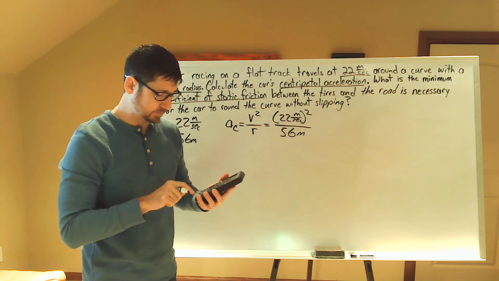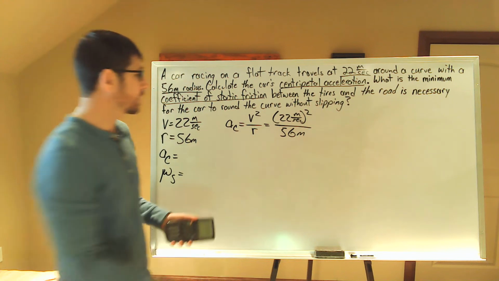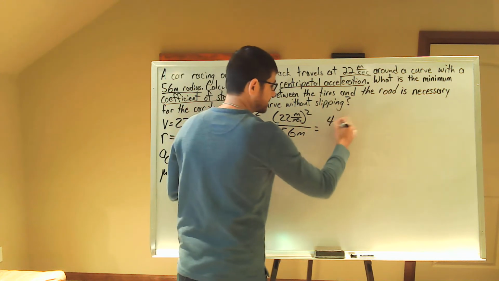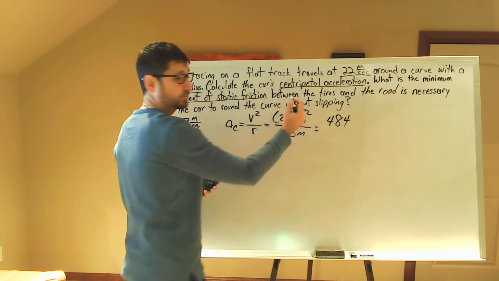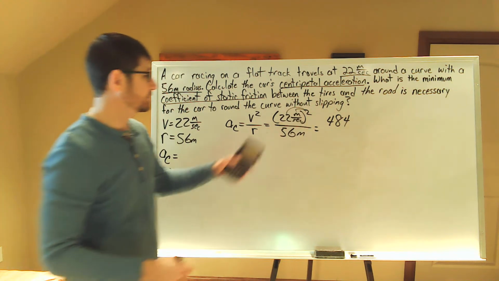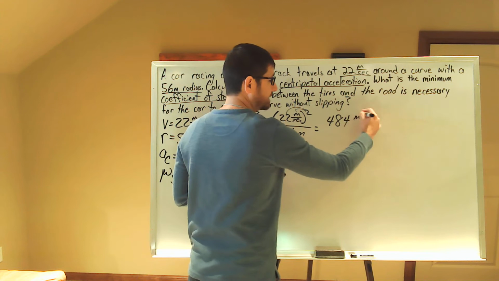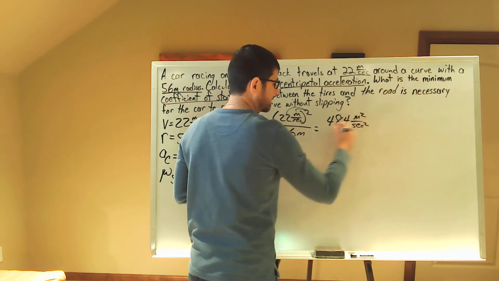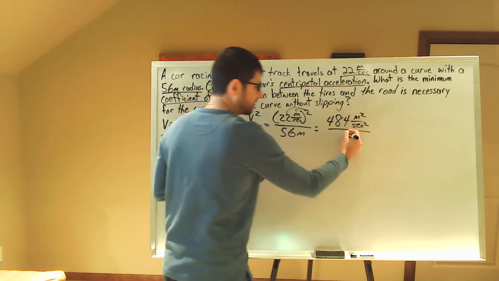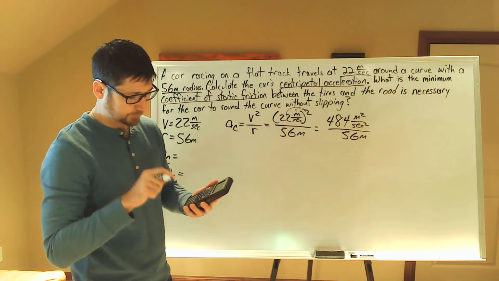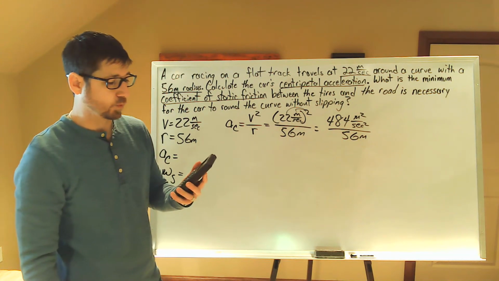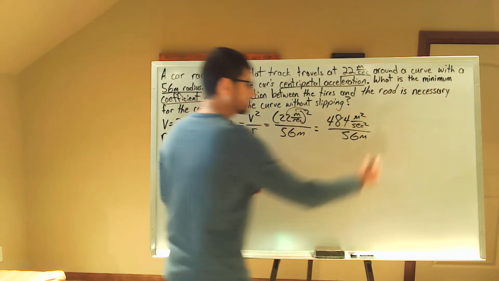So 22 squared is 484. Not only are we squaring the numerical value, we are required to square the unit value, so this is going to be meters squared per second squared. And in our denominator, we have 56 meters, so let's divide this by 56. This gives us 8.64.